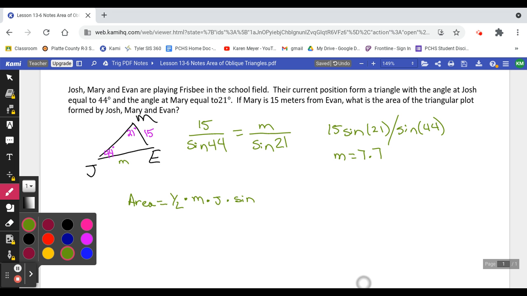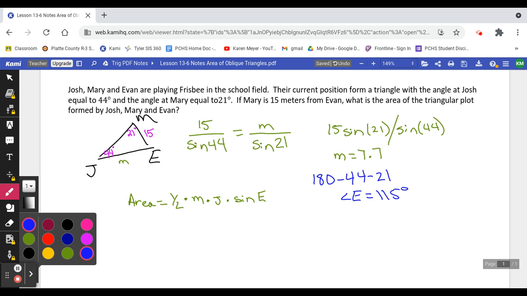That would be Evan's, the big E. Remember, for the area formula, whatever two sides you're using, you have to use the angle of the third side that you have not used. So before I can jump right into this formula, I've got to find big E. Well, if I know two angles of a triangle, I can find the third one by doing 180 minus. So then angle E would be 115 degrees.